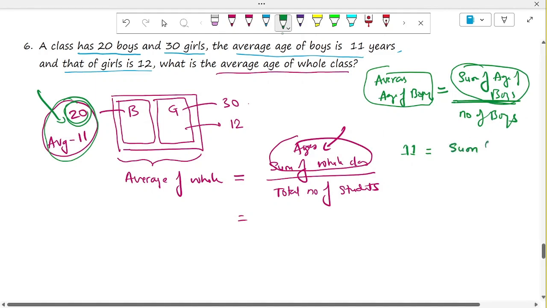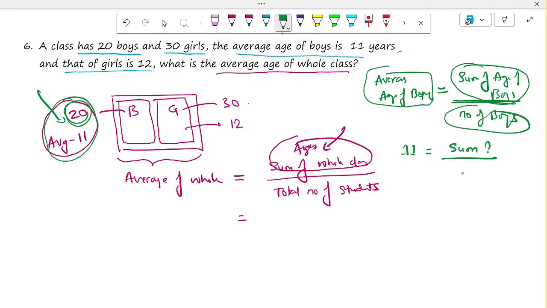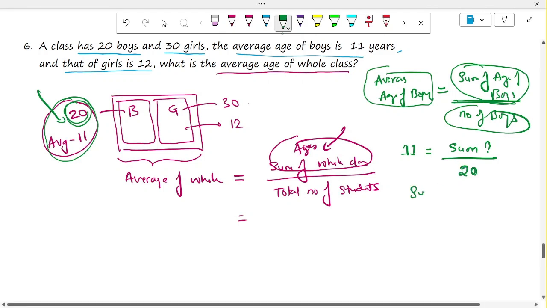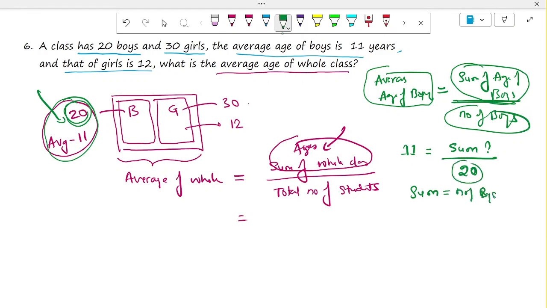This sum we do not know, so we leave it like that. But the number of boys is given, that is 20. So what will the sum be equal to? Just observe this part: number of boys into average.